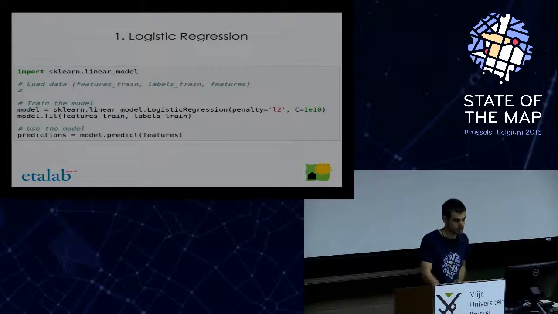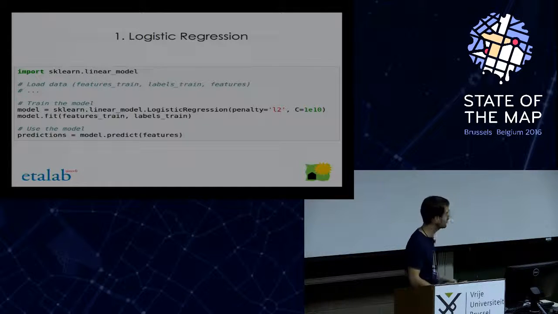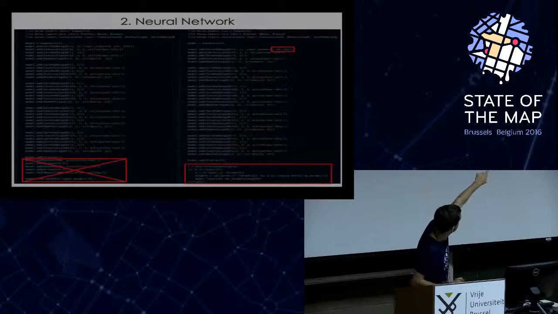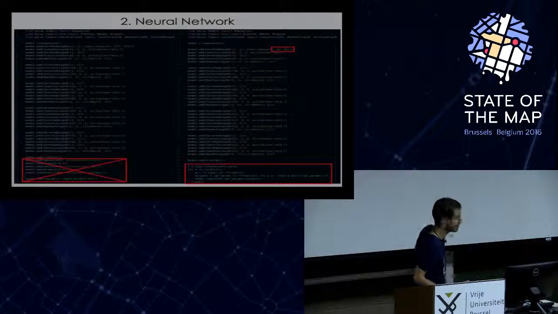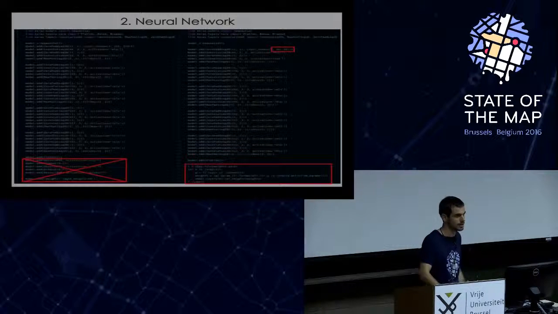And neural networks, it's the same thing. I just downloaded a snippet on the internet. I changed one parameter, you can see the red box on the top, and I changed a few layers, but it's very light. The work is very light compared to the engineering work used to build these nets.